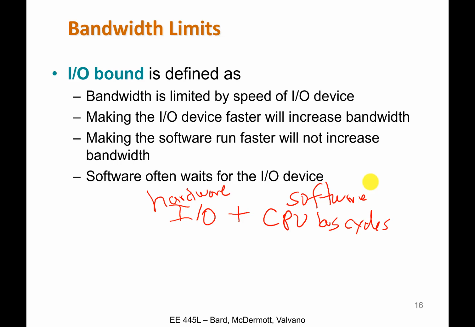But when we design a system, measure a system, debug a system, or try to optimize it, it's good to put our handle on which one of these two factors is limiting the ability to process data. In an I/O bound device, the number of bytes that can come in, get processed, and go out is limited by the hardware.